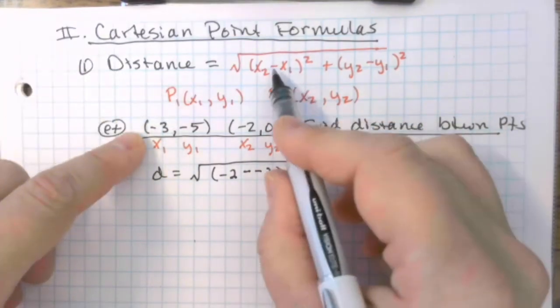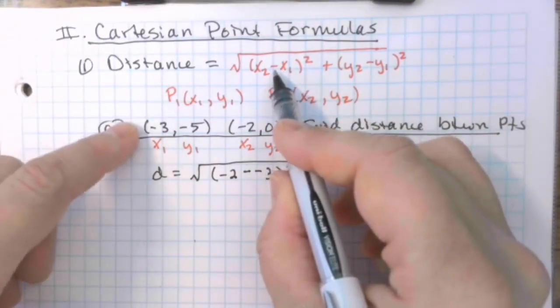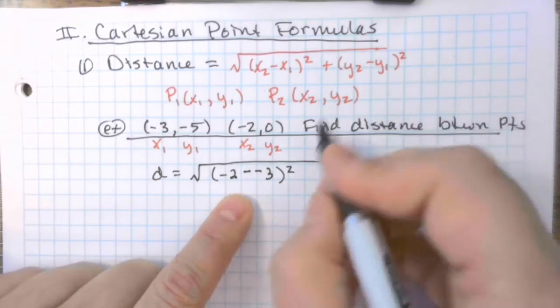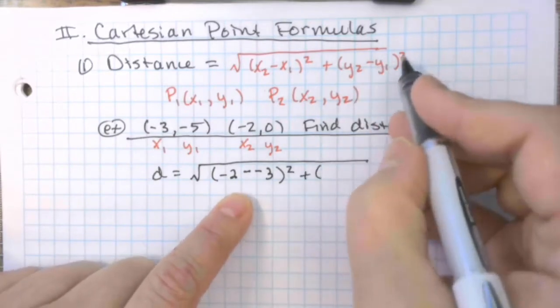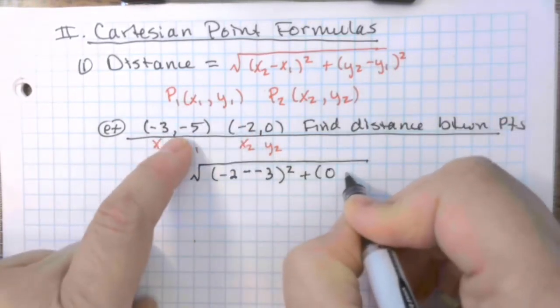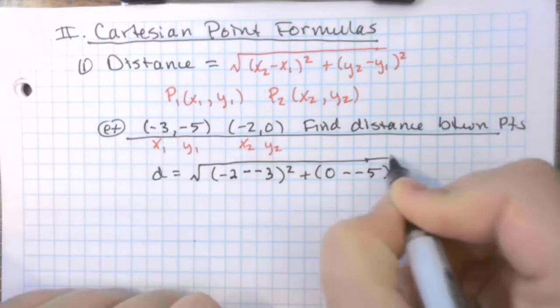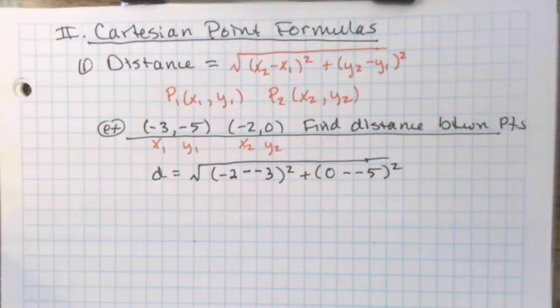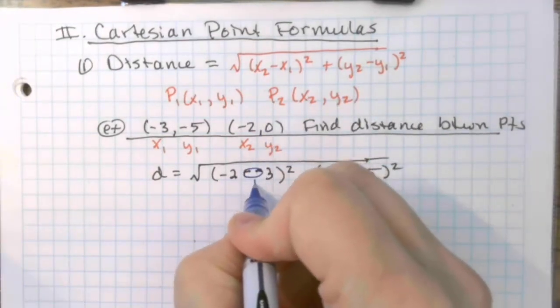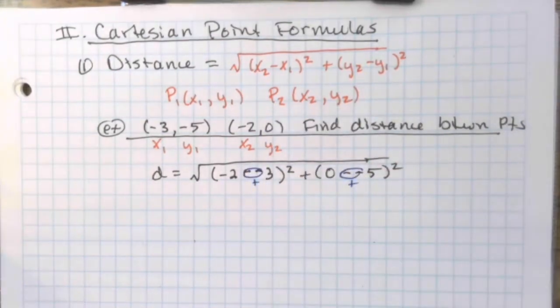Of course, you have one negative from the formula and one from the 3. That's why there's two negatives in there. y sub 2 minus y sub 1, 0 minus a negative 5, quantity squared. And now it's a game of simplifying. You know that a negative times a negative is a positive in both these cases.